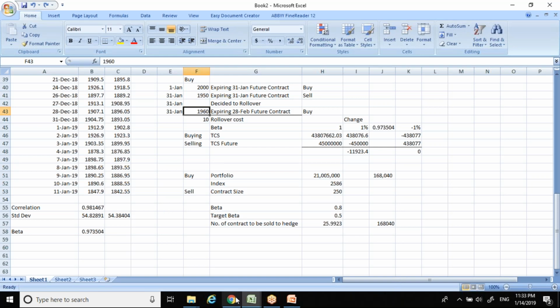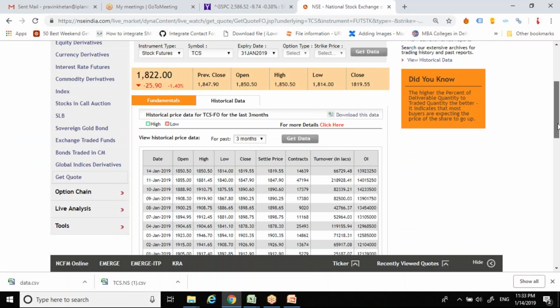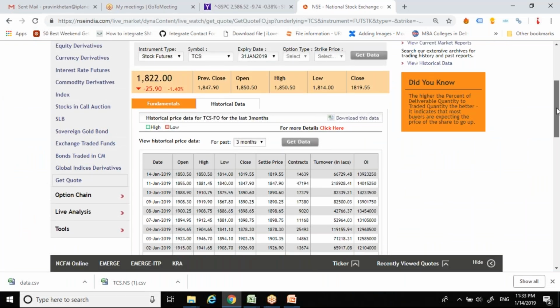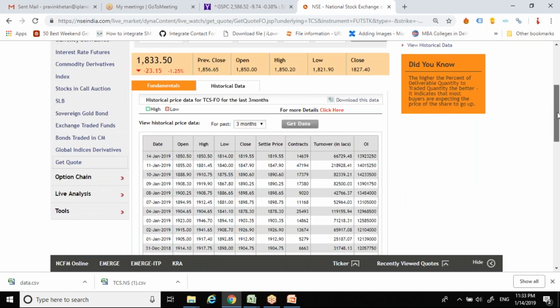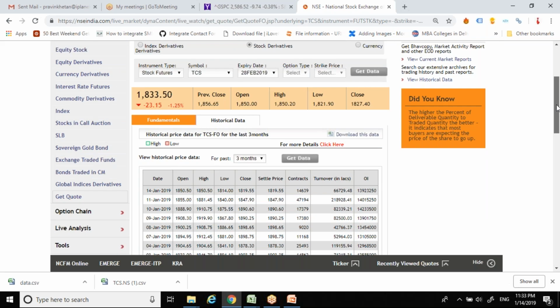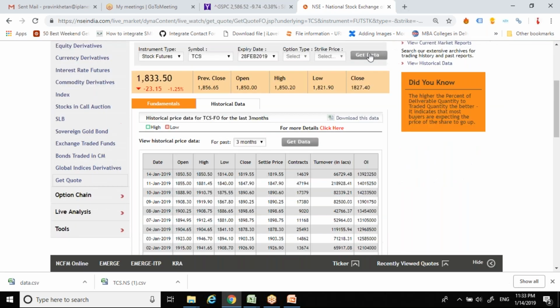I'll show you. I downloaded the 1 month historical data here for TCS 31st January. Now I'll look for the next month contract data and get the data. This is, I guess, next month historical data. Get the data and download it.